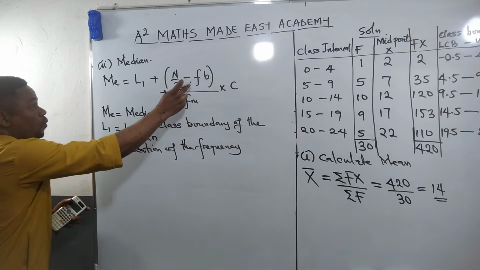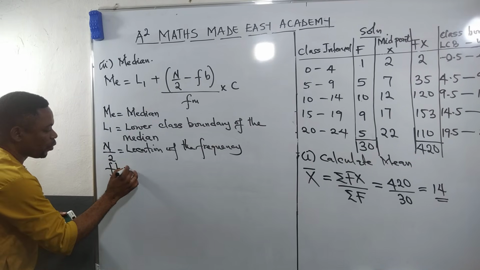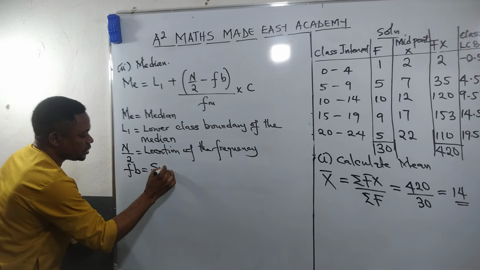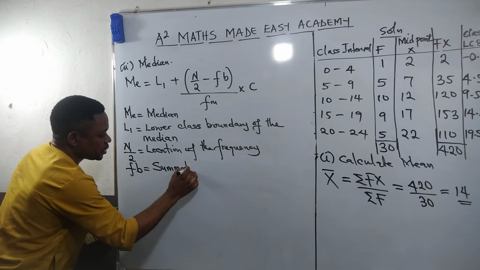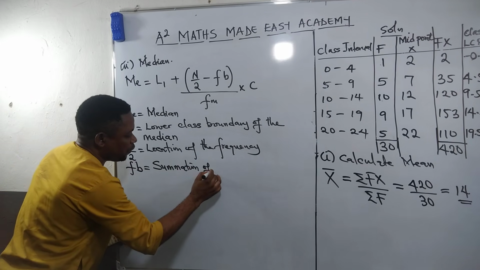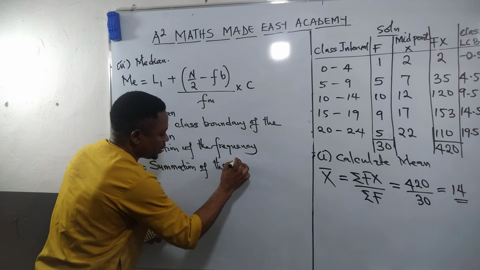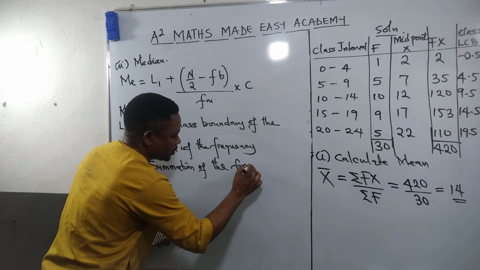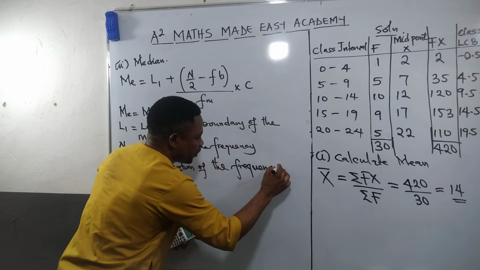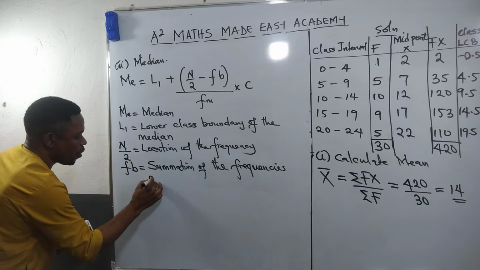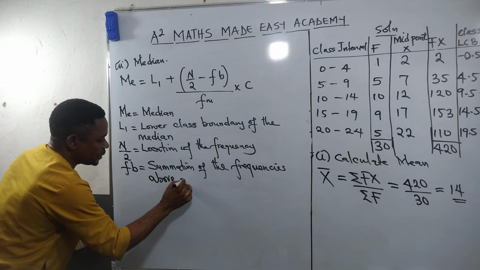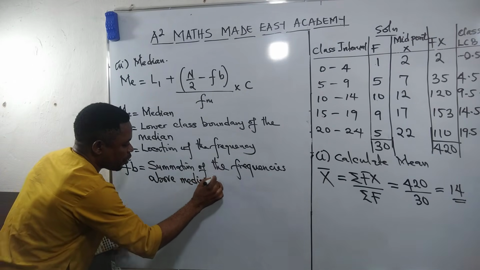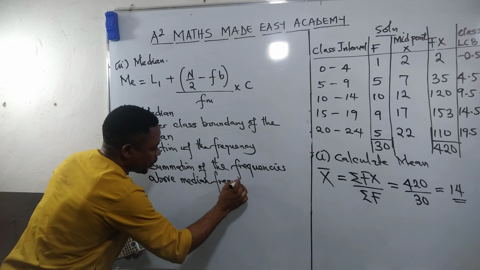I'll explain. Now, what is FB? FB is the summation of the frequencies above the median frequency.